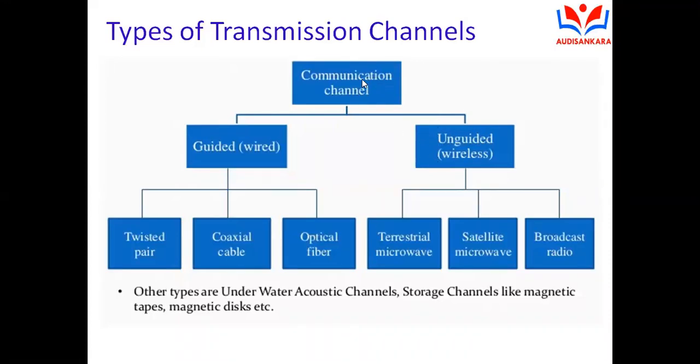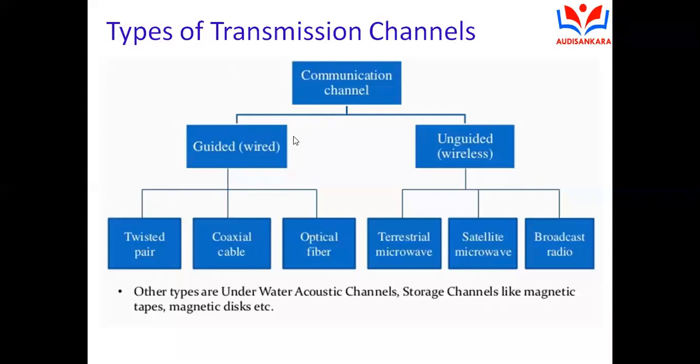So the communication channel may be categorized as guided and unguided. Guided means connection oriented; unguided means connectionless. Guided means there is a physical path between the transmitter and receiver; unguided means there is no physical path. Guided transmission media are preferred for short distance. Unguided transmission media are preferred for long distance.